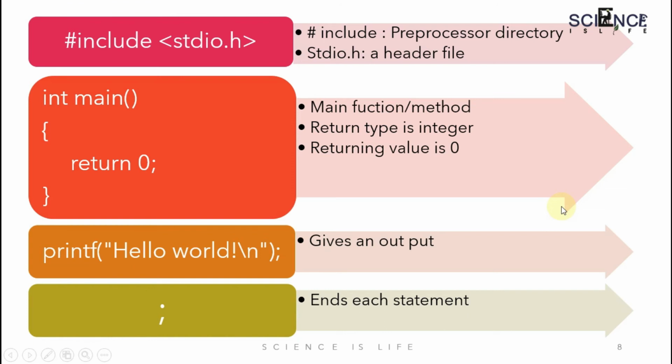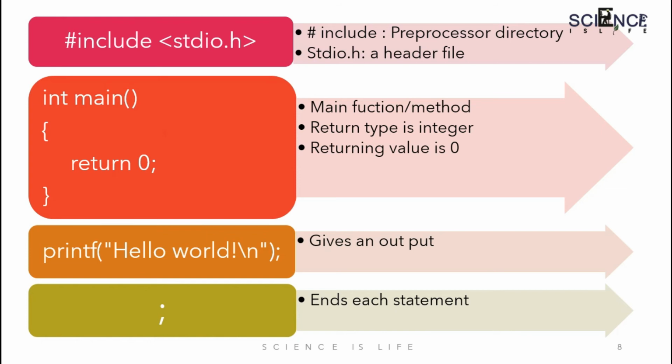I want to mention that this main function is a really important part of our program, right? So the main function plays a majority role in our program. Why? If we run our program, then the operating system initiates the program execution by invoking the main function.